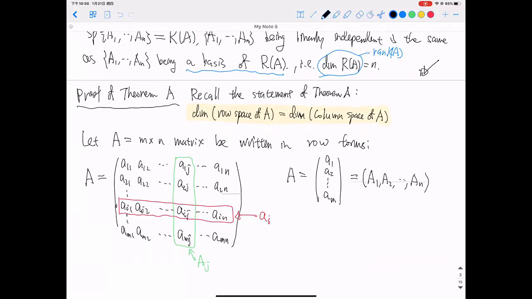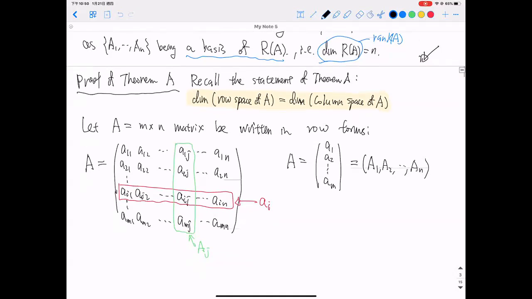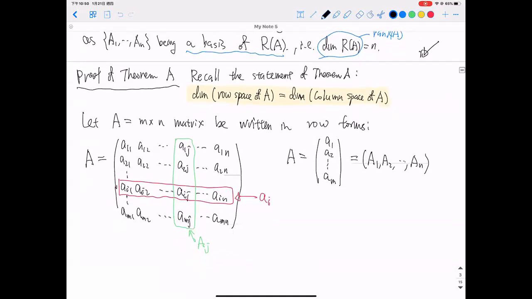Now, the row space. As we already said, the row space of A is the same as the column space of A transpose.